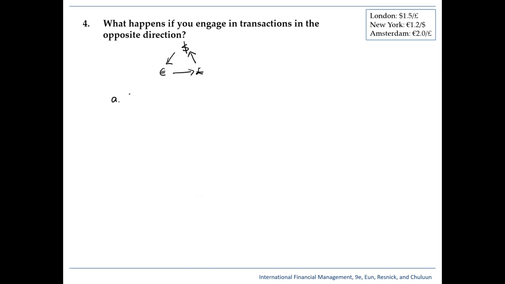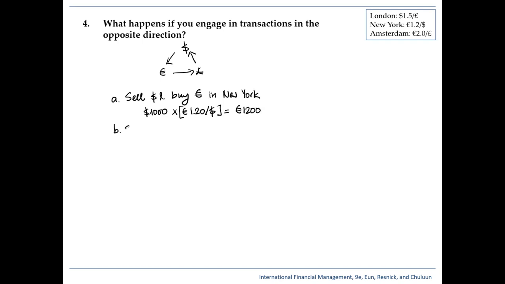So in this case, what you're doing is you're selling your dollars and buying euros, and that happens in New York or with the bank in New York. And so you take your $1,000 and convert them into euros at the rate of 1.2 euros per dollar, and this will generate you 1,200 euros.